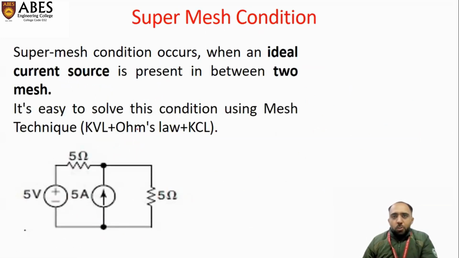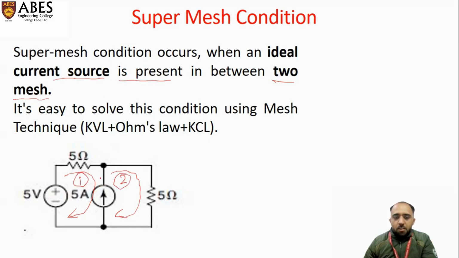Now talk about the super mesh condition. So super mesh condition occurs when an ideal current source is present in between the two meshes. We just discussed earlier what a mesh is. Everyone knows what a mesh is. Let's take an example. In this particular circuit, this example is applicable to the super mesh because this is the first mesh, this is the second mesh, and in between the two meshes, there is an ideal current source of 5 ampere.